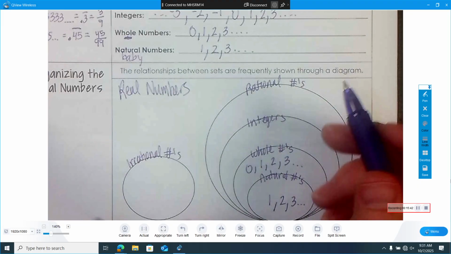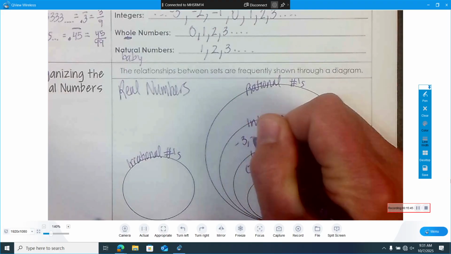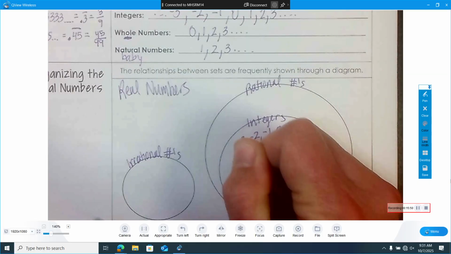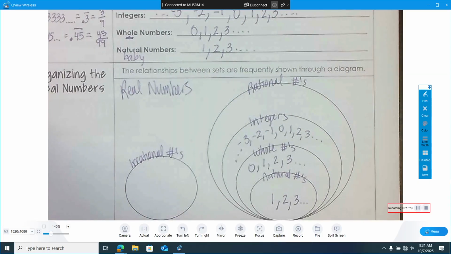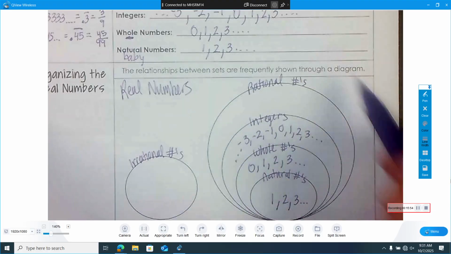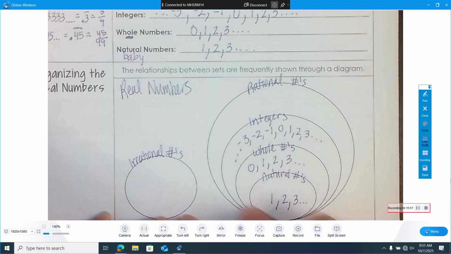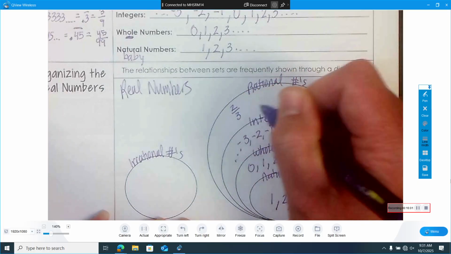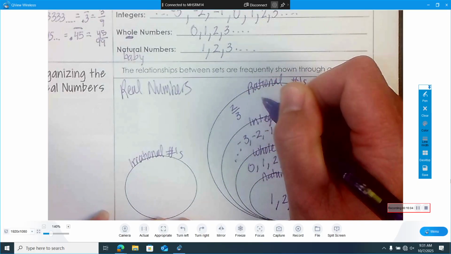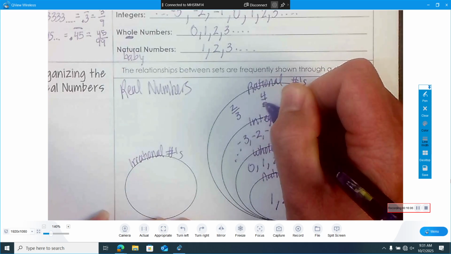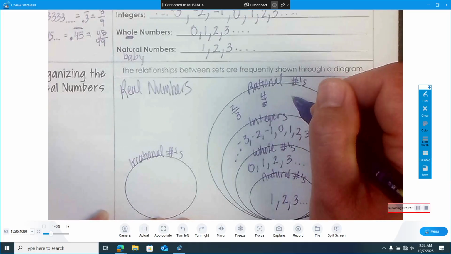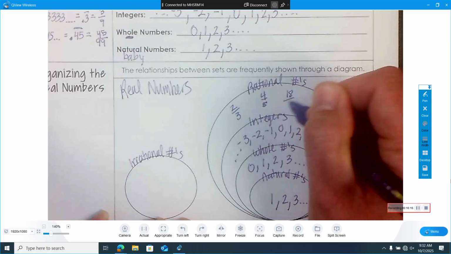Negative and positive. So -3, -2, -1, 0, 1, 2, and 3. So that includes the positive and negative whole numbers. The rational numbers include all of the things inside it already, but now we also get to include things like 2/3 and 4/8 and... give me a fraction. 1836.